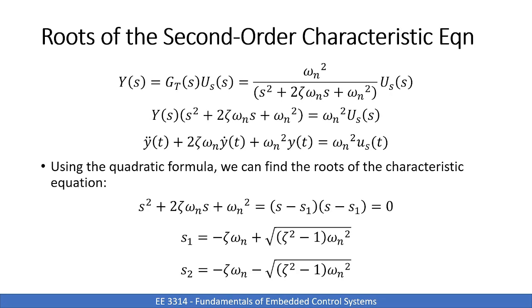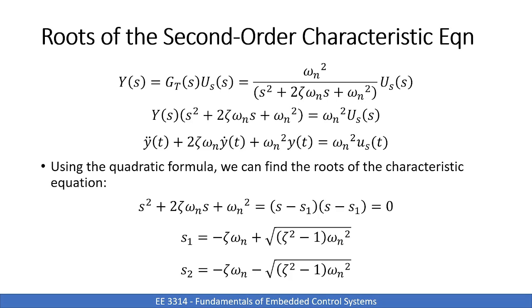So let's look at the roots of that second order characteristic equation. Down here we have our characteristic equation in the denominator, and this is the differential equation associated with that. If we factor out this denominator, we can find a formula for the roots in terms of zeta and omega sub n. Using the quadratic formula, we get our two roots, s1 and s2: minus zeta omega sub n plus and minus this part under the radical.